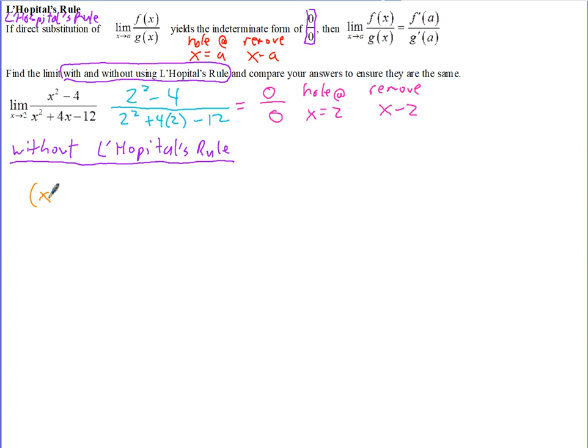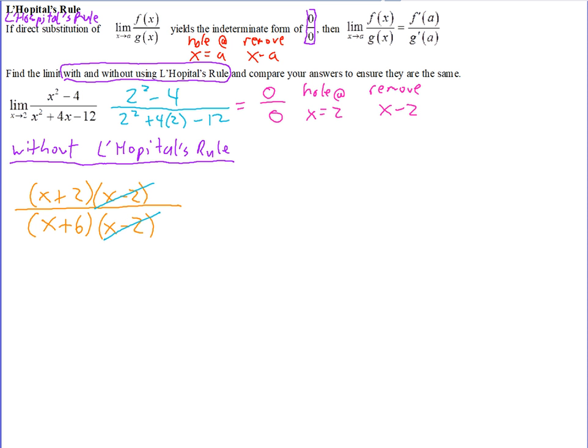X plus 2 and x minus 2. And the denominator, factors of negative 12 to add to be 4 would be positive 6 and negative 2. So I use the shortcut here because the leading coefficient is 1. X plus 6 and x minus 2. And then the x minus 2's can be removed, which is what we wanted.